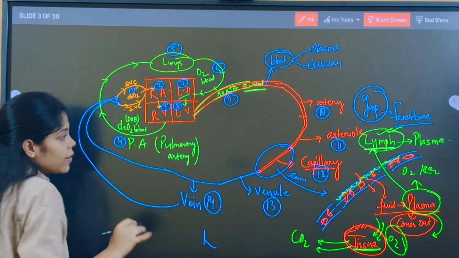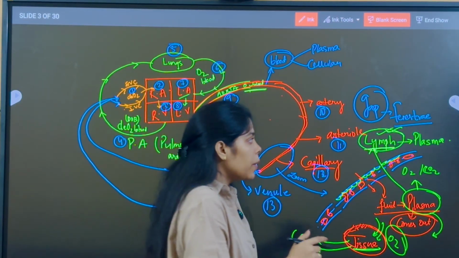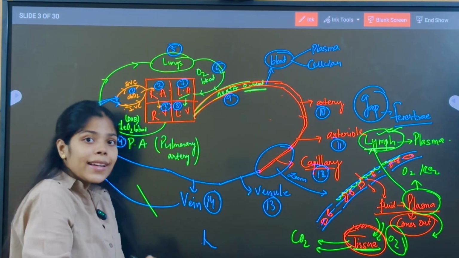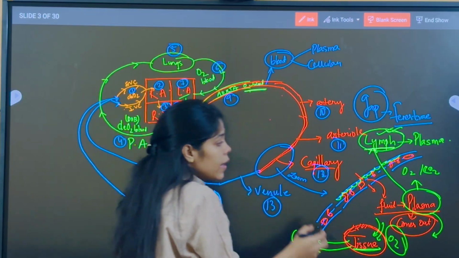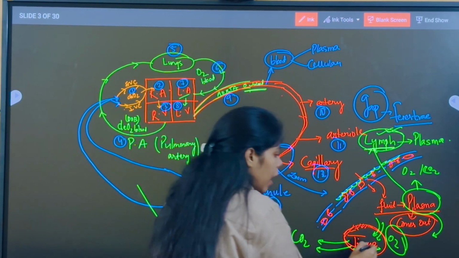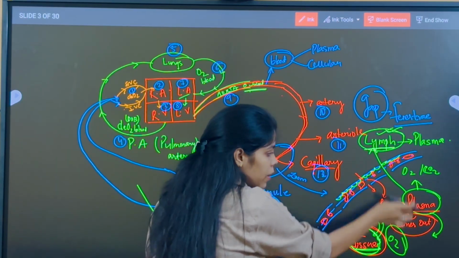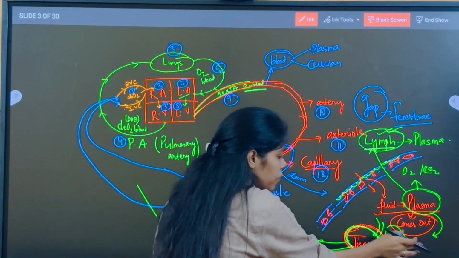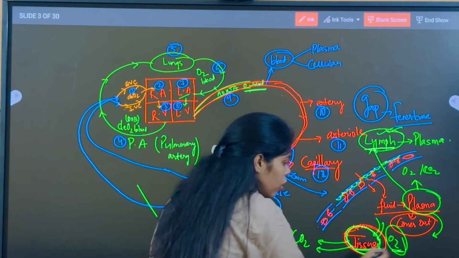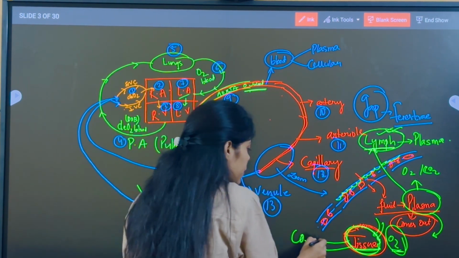Okay, कभी कभी ऐसा हो सकता है ना कि क्योंकि बार बार this process is going on again and again, तो ऐसा हो सकता है कि इस टिश्यू में लिम्फ आया तो टिश्यू के पास ऑक्सीजन पहुंच गया और ये कार्बन डाइऑक्साइड दे दिया.